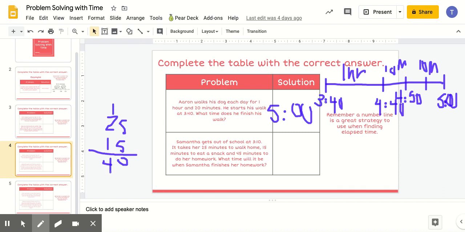And then it says she takes her 45 minutes to do her homework. So I'm going to add 45 minutes. 0 plus 5 is 5. 4 plus 4 is 8. So she spent a total of 85 minutes doing all of her activities. So she started at 3:10.